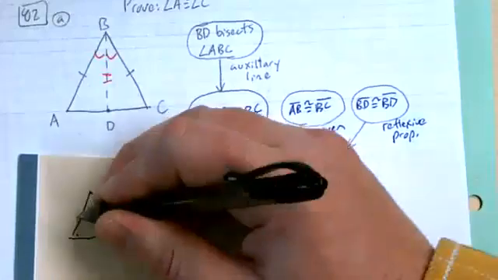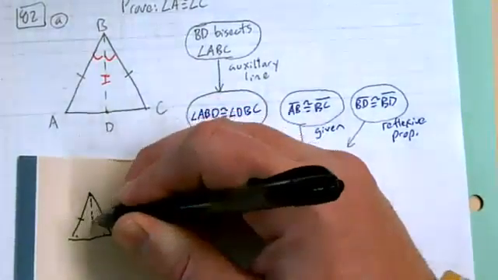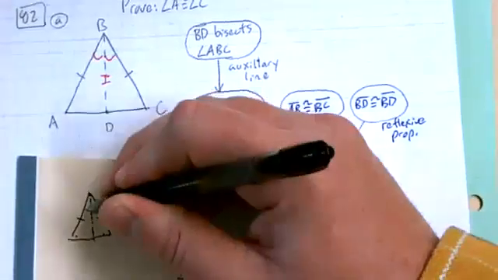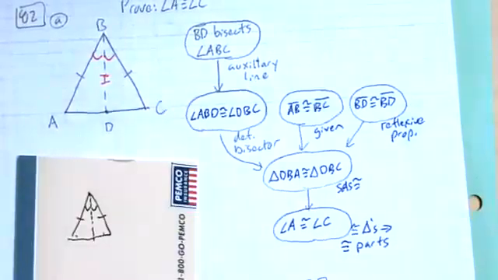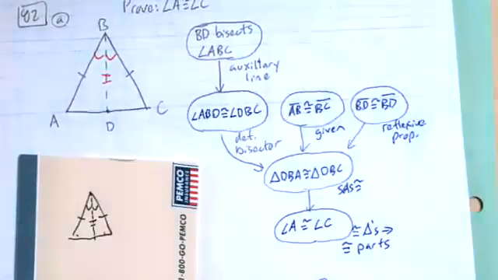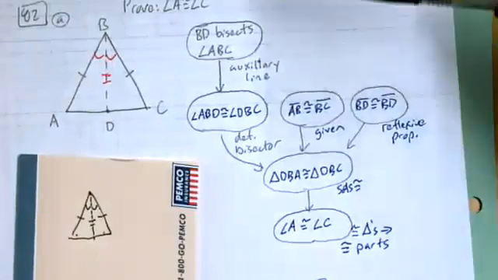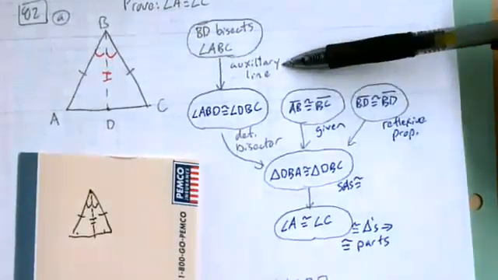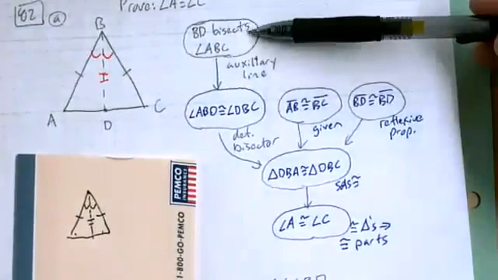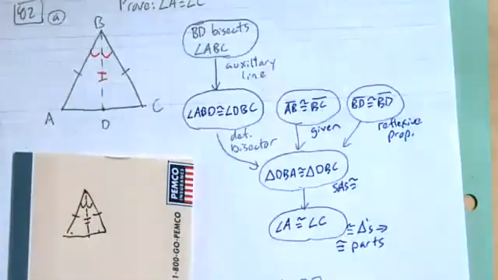Well, we already had these sides here. And what we decided to do was draw a line in here that cut this angle into 2 equal pieces, then with my reflexive property, I'd have enough to do SAS there. Does that make sense? So you're allowed to add additional things into it. When you add something that wasn't in the original picture, we call that an auxiliary line. And you need to describe exactly how you're doing it. We decided to do it so that it would cut those angles so that we could do SAS.